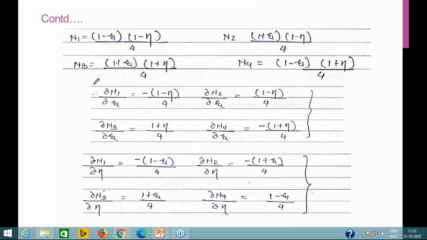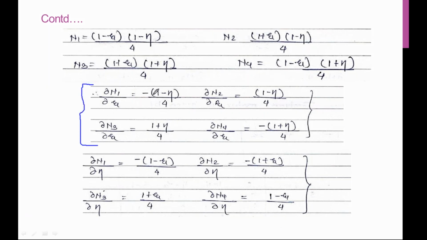So you will get all these 4 values with respect to zeta. Then you can take the partial derivative of all these shape functions with respect to eta, and then you will get all these 4 terms.